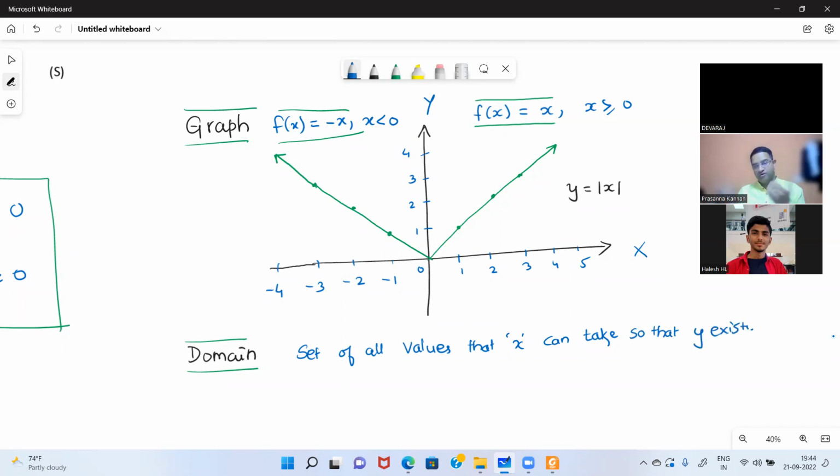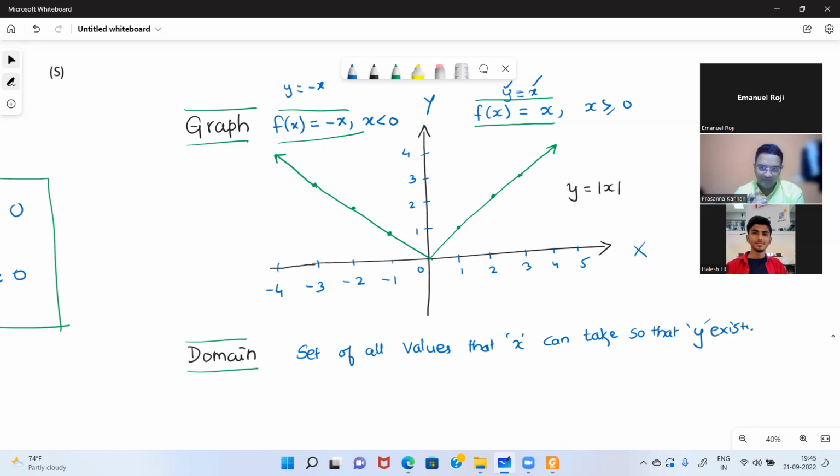Or in other words, y does not vanish. Okay. So here, in one part you have the definition as y is equal to x. In the other part, you have the definition as y is equal to minus x. Now, can you tell me any value of x that you substitute here that will make y vanish? Vanish in the sense not exist.